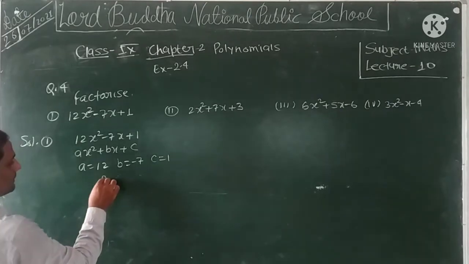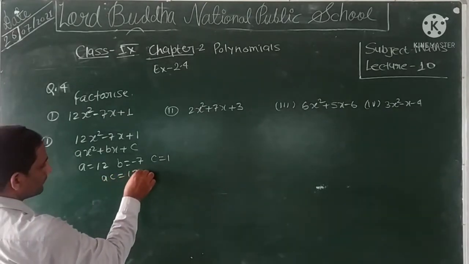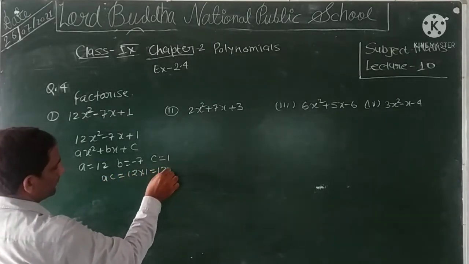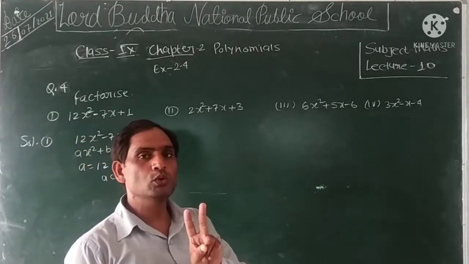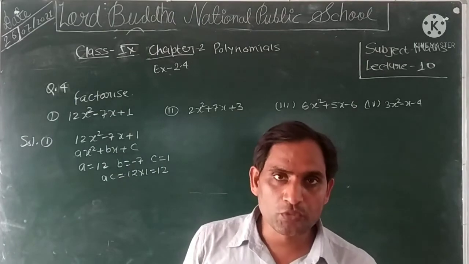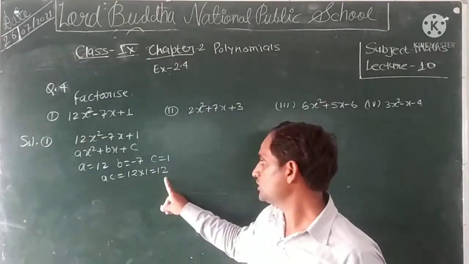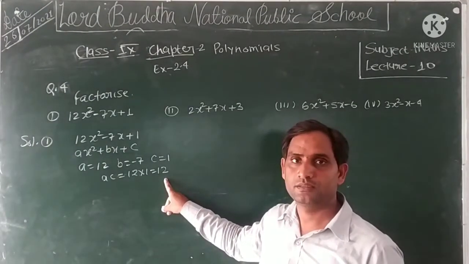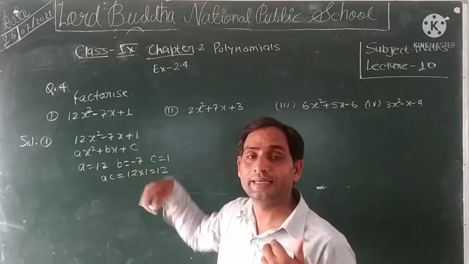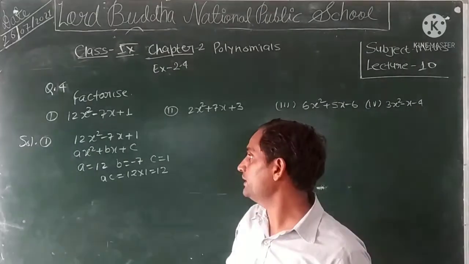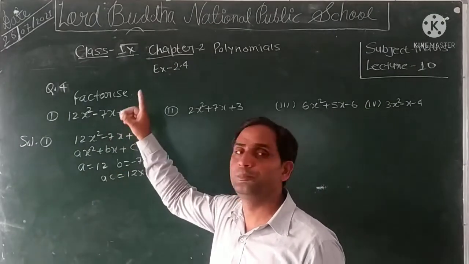Now we find ac. ac equal to 12 into 1 equal to 12. Now we have to find two numbers whose product is 12, and because the constant has positive sign, their sum will be equal to the value of b.